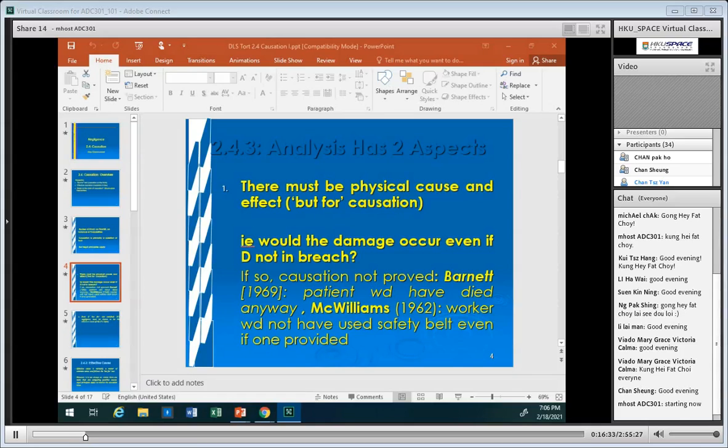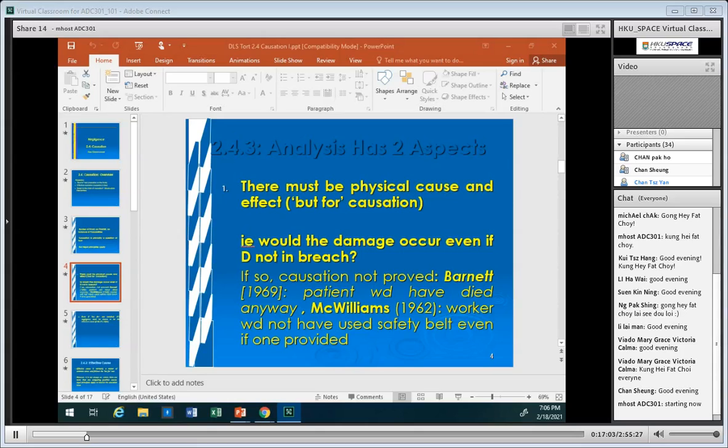In Cheng and Secretary of Justice, the plaintiff was unable to prove causation in that case, therefore failed in their negligence action.